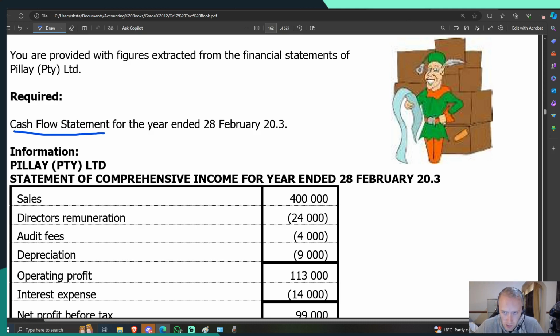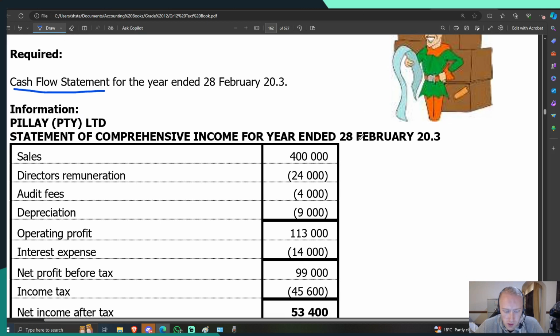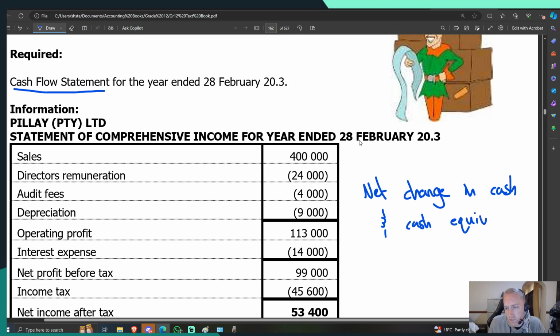So, when you do a cash flow statement, you are trying to get to one particular figure called net change in cash and cash equivalents. That is the whole thing of the cash flow statement.